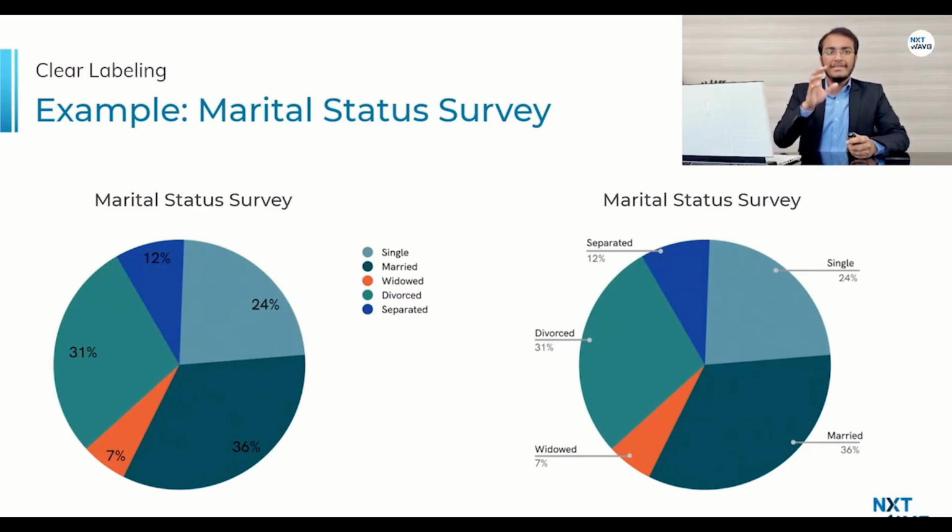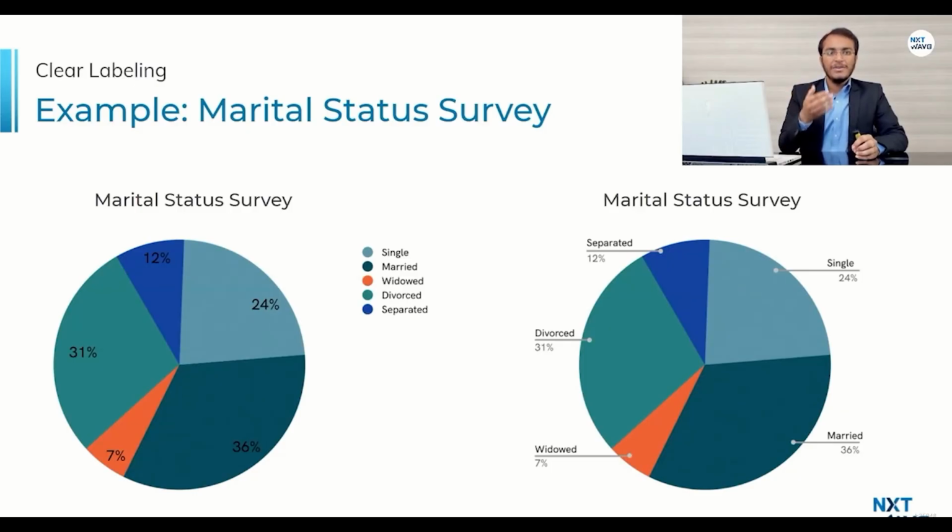Both of these visualizations are pie charts, and on the left side you can see that the percentages are written within the pie chart. The problem with this specific pie chart is that we are already using thick colors to represent it, and on top of it we are labeling with a dark black color.